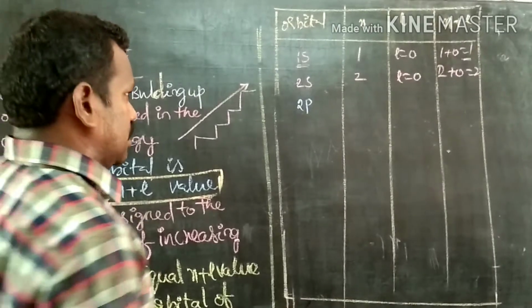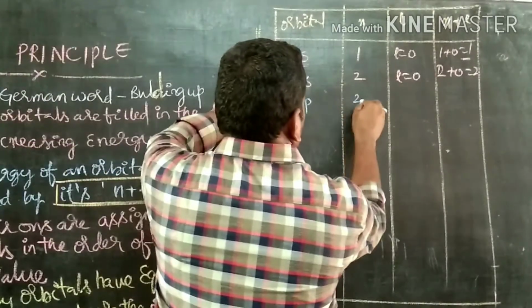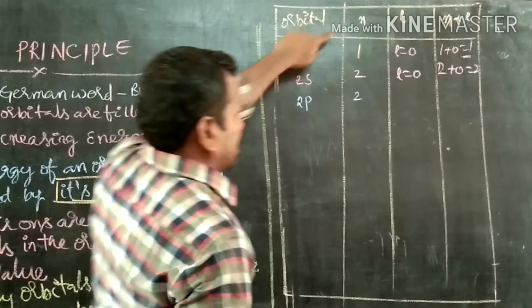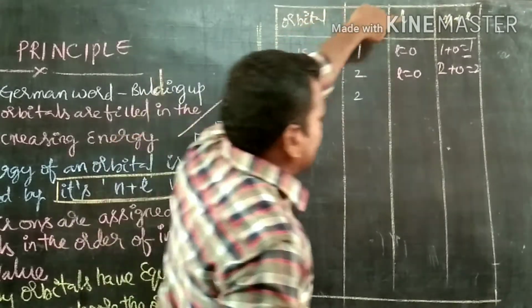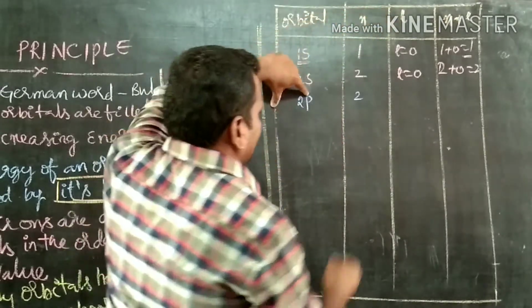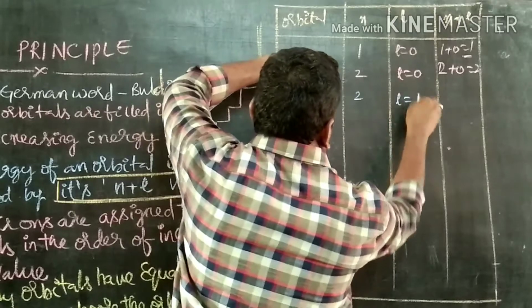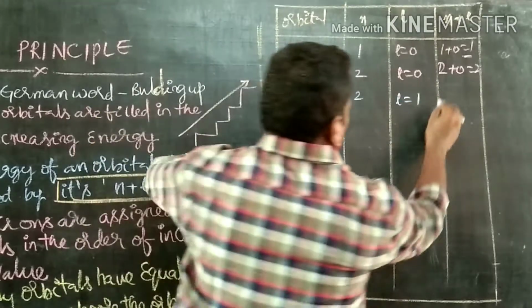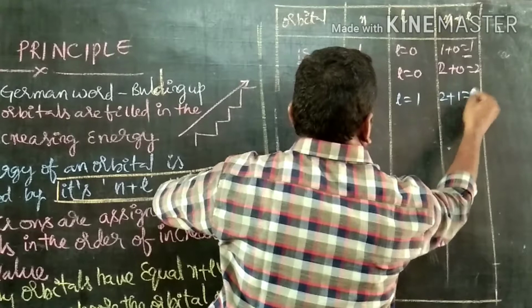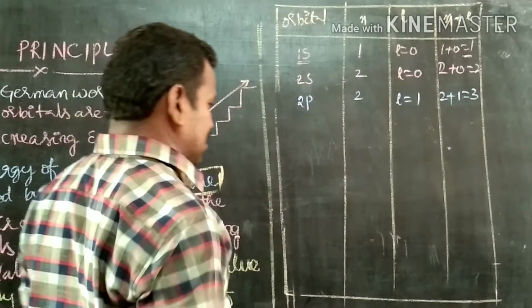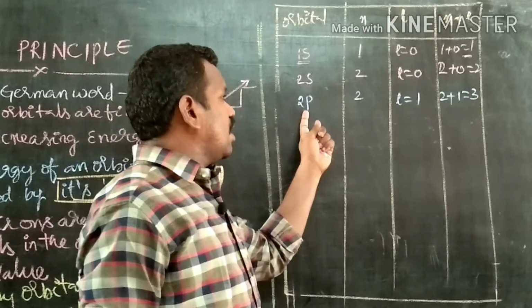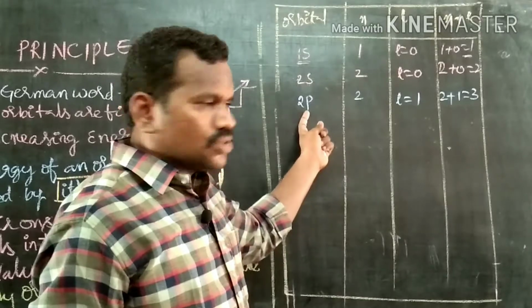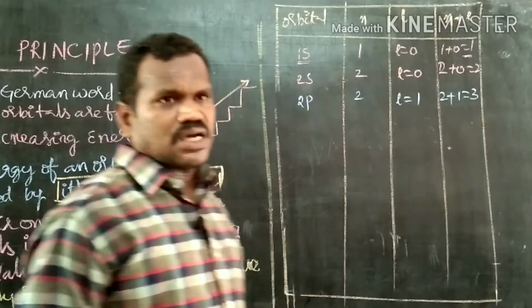Here, principal quantum number n is 2. For sublevel p, l is equal to 1. Now it becomes 2 plus 1, that is equal to 3. That means the energy of the 2p orbital is 3 quanta.